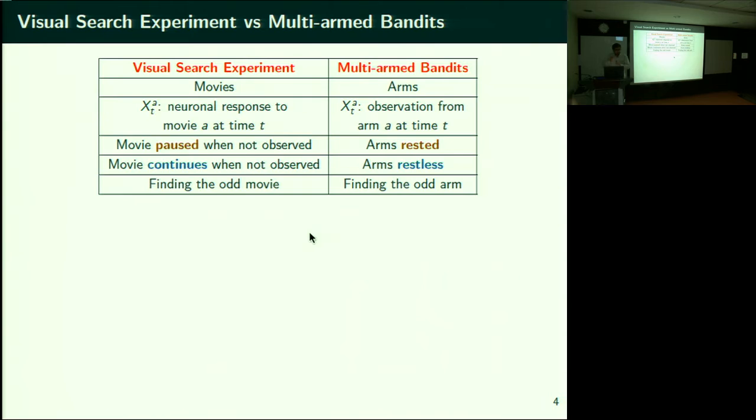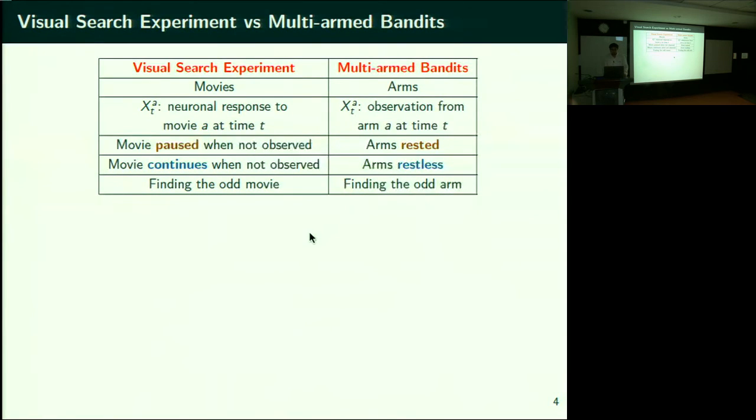That movie gets played only when you come back. This is the notion of what are called rested arms in multi-arm bandits: the states of all the arms are frozen until you come back and observe them again. If the movies keep continuing to change, it's called the setting of restless arms. Arms are continuously changing their states whether or not you observe them.